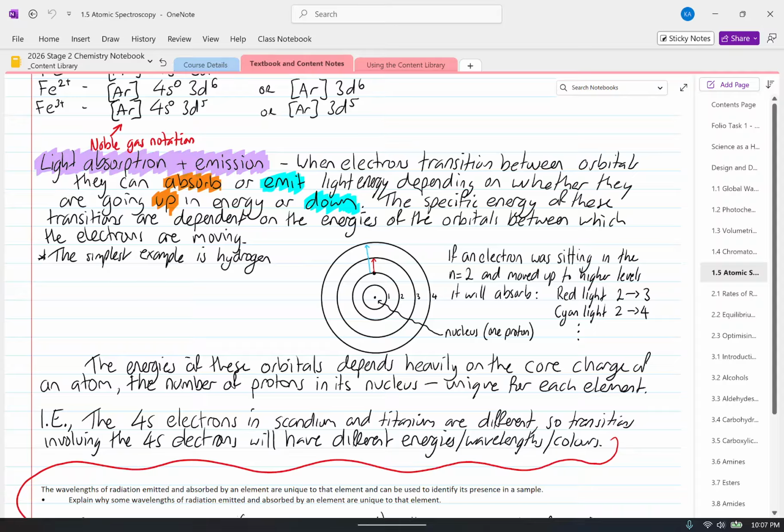Now, all of these transitions, for whichever elements we're looking at, they depend very heavily on the core charge of an atom. So the stuff that's going on right in the center.